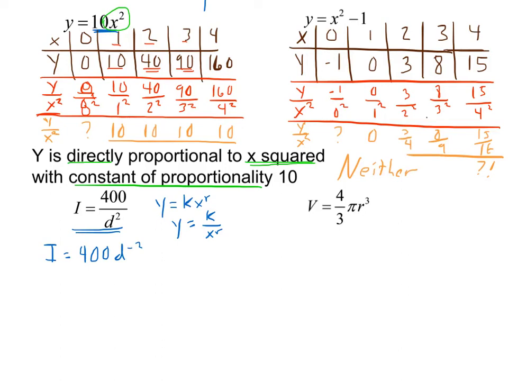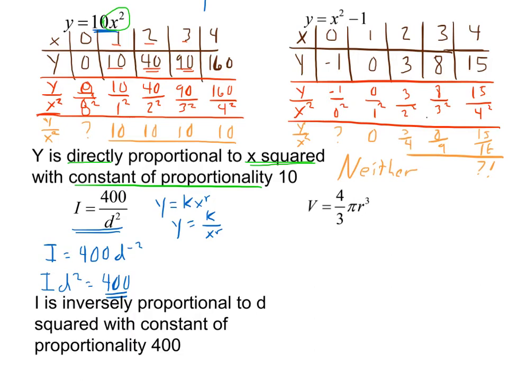And if I multiply I times d squared, that's always going to be 400. That's my constant of proportionality. And I'll write the sentence reflecting that. There's our sentence. I is inversely proportional to d squared. We got to mention that it's d squared with constant of proportionality 400.